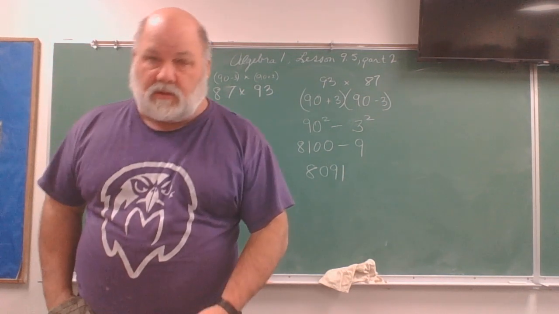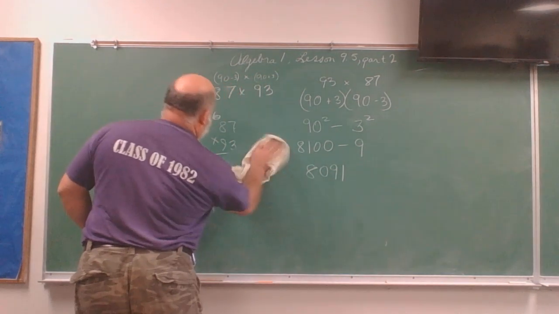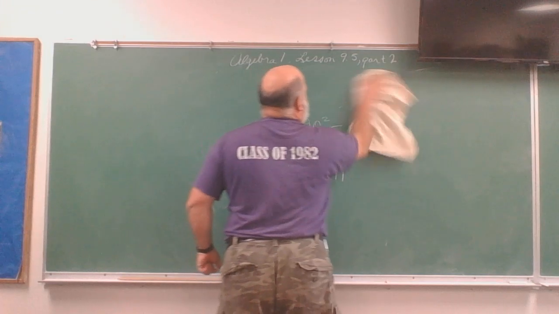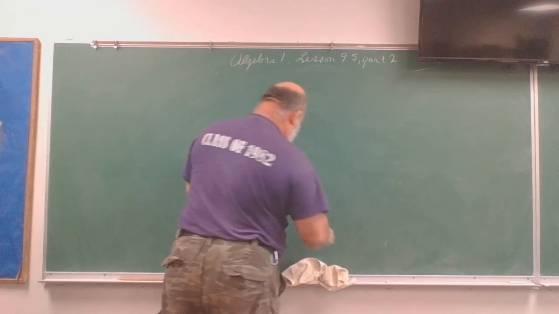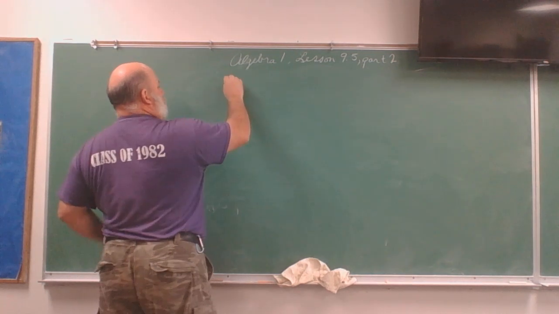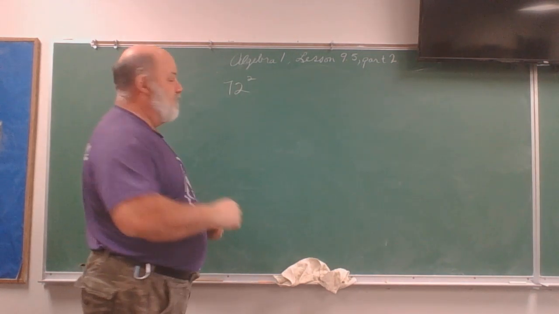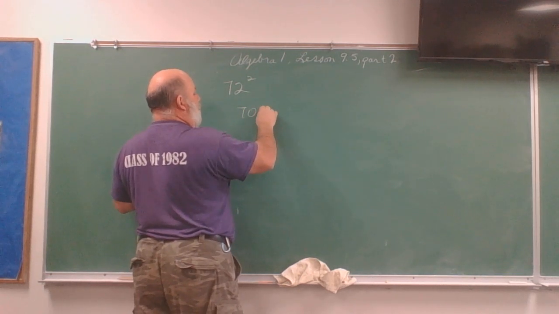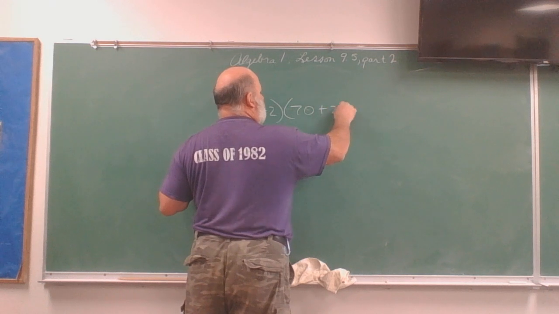The next one says do 72 squared. And they want you to use not the conjugates, but like the first thing. This is 70 plus 2 times 70 plus 2.